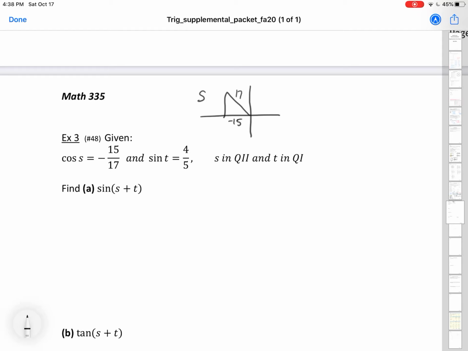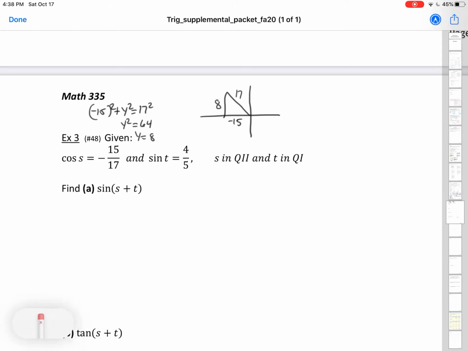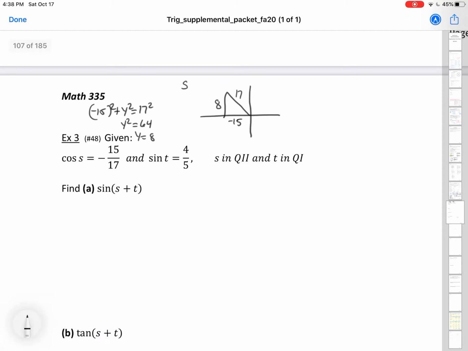If you look at negative 15 squared plus y squared is equal to 17 squared, you're going to get very quickly y squared is equal to 64, and so y is equal to 8. And so this part right here is 8. Let me erase this s that's way over here and just write it out over here. So angle S is right here. So this is all related to S.